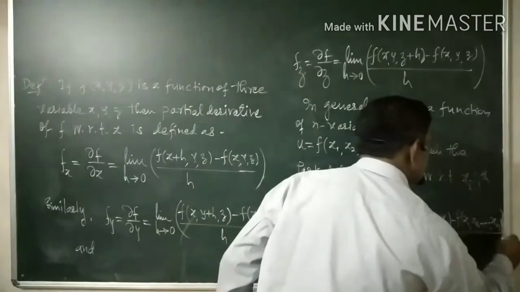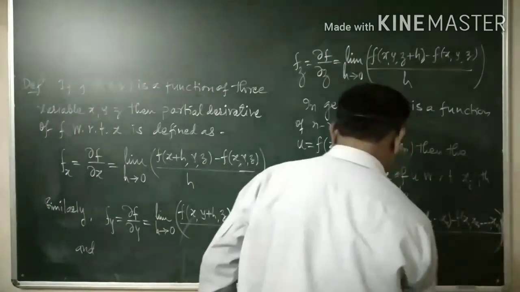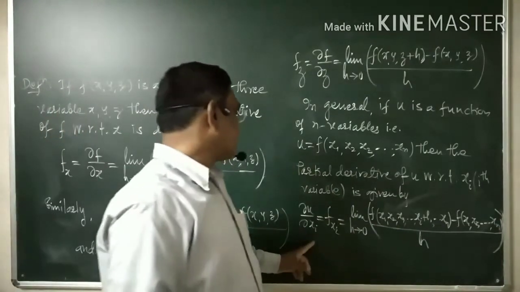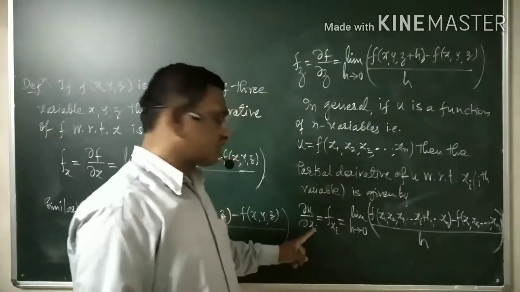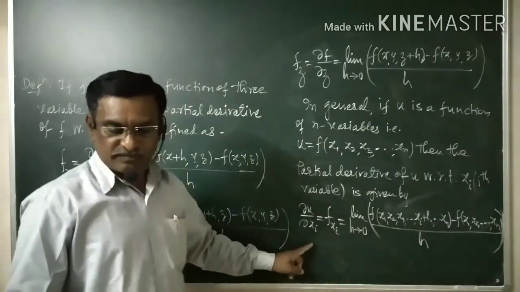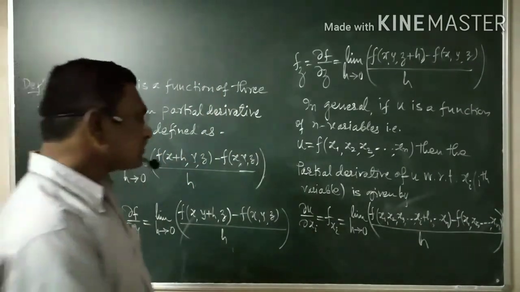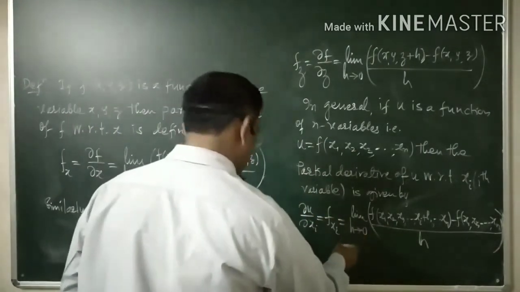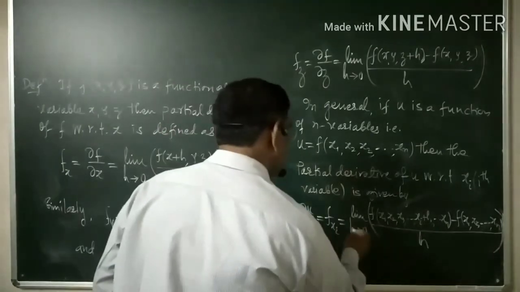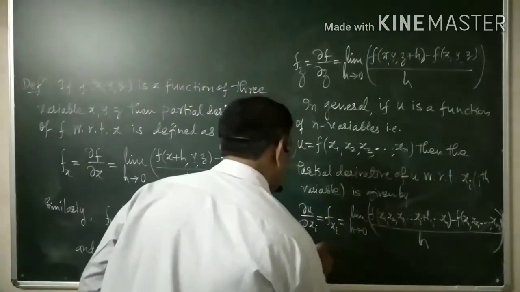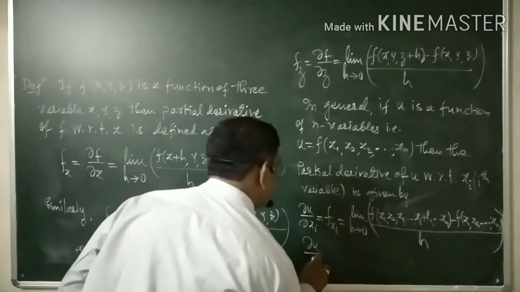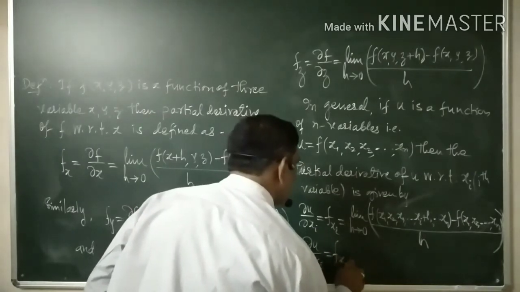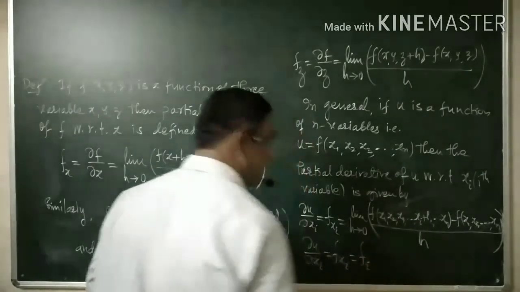If this limit exists, then we can say that it is nothing but the partial derivative of u with respect to xi. This is one general case. Therefore, here this can be denoted as del u by del xi, which is equal to f xi, or you can have fi.